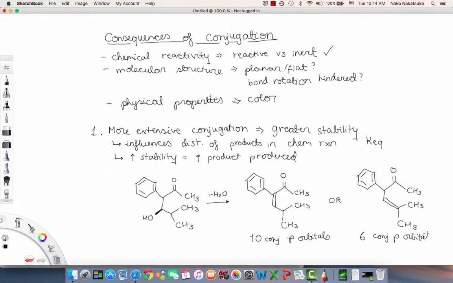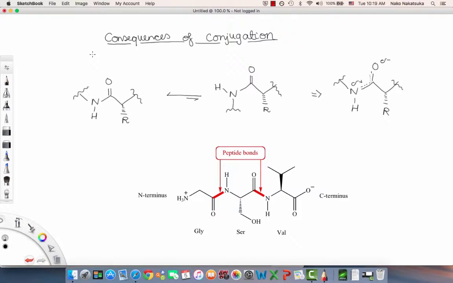So in this particular problem, if someone asked you which is the more likely or which product will be produced more, it will most likely be this guy. The reason for that being that the more conjugation you have, the greater the stability. The greater the stability, the more product is produced. So now moving on to the second consequence of conjugation, it's the partial pi bond character.